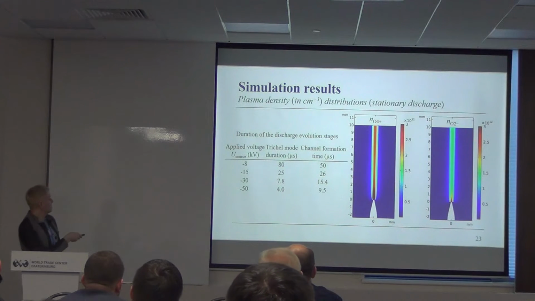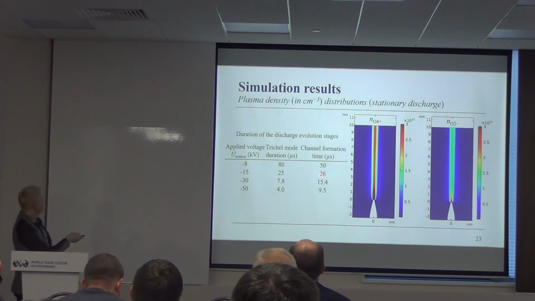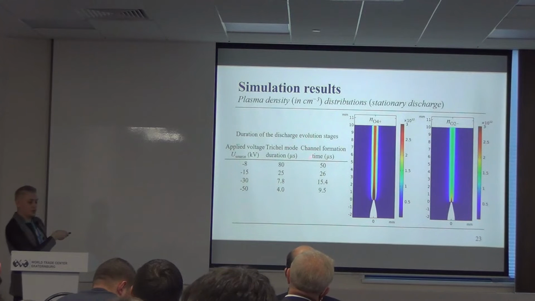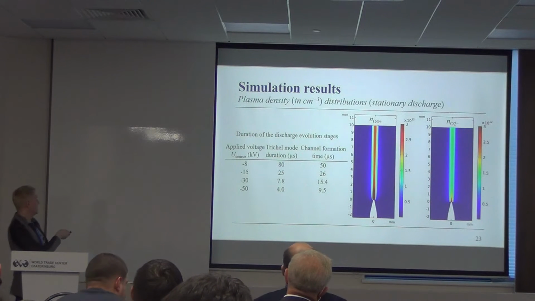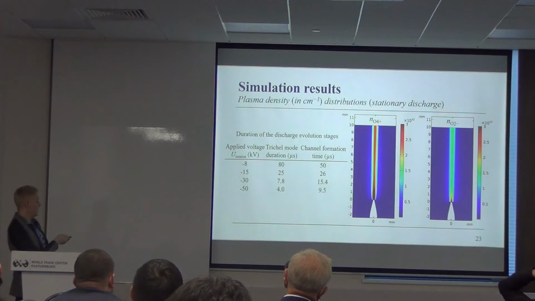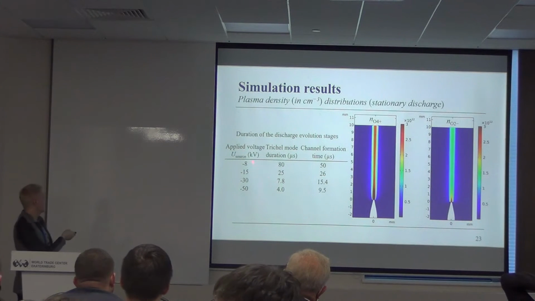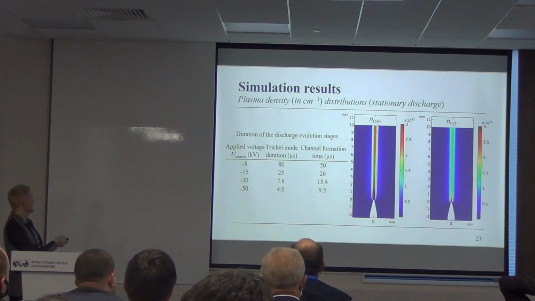Now you can see all these figures. And here you can see the duration of discharge evolution stages at different voltage. The duration of the Trichel mode and channel formation time exponentially decrease as the applied voltage increases.